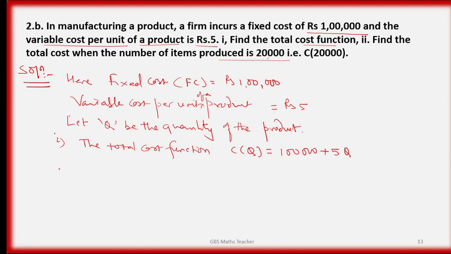And second case, dear students, find the total cost when the number of items produced is 20,000.